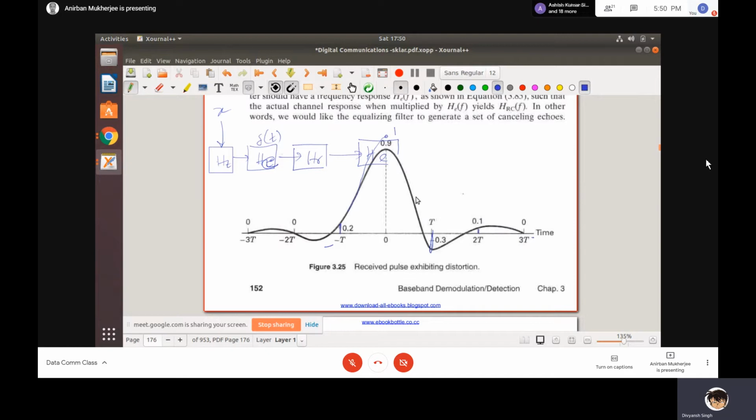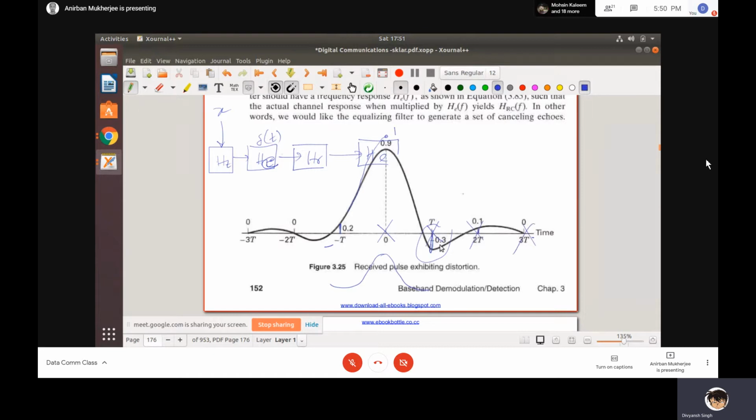Ideally it should be a sinc kind of filter. Sinc with raised cosine characteristics, but there should not be any effect here, because actually you are doing sampling at this point, this point, this point.